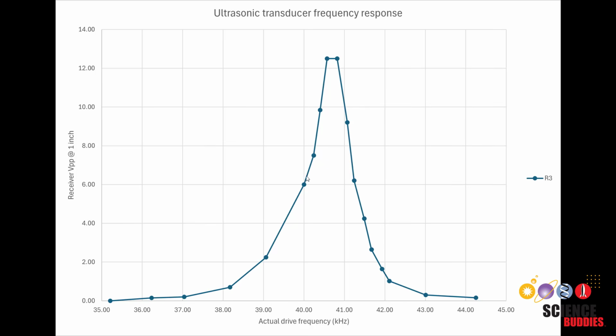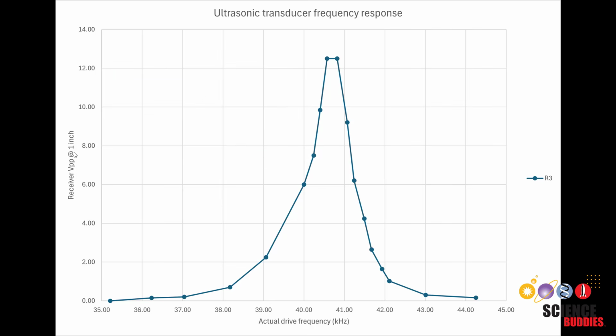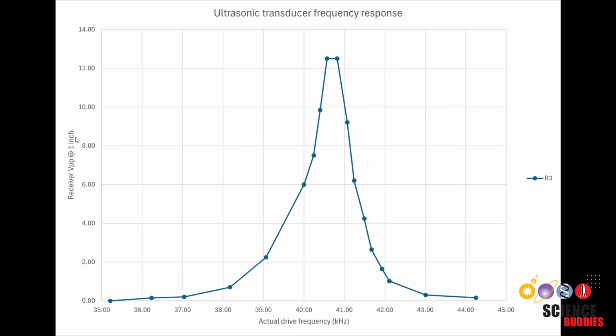The ultrasonic transmitters are designed to be driven at their resonant frequency. That means they generate the loudest ultrasonic sound when driven with a very specific frequency, as you can see from this graph, where the x-axis is the actual drive frequency in kilohertz, and the y-axis is the peak-to-peak voltage or amplitude of the signal measured on a receiver, like I showed earlier in the video, when it is held 1 inch away from the transmitter.